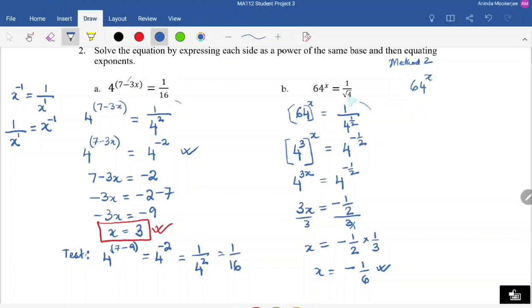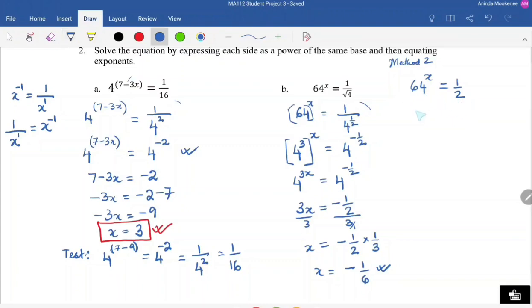Now the 1 over square root of 4 on the other side can be written as 1/2, correct? Now we can write 64 with base 2. Earlier we wrote 64 with base 4, but this time, since we have simplified 1 over square root of 4 and written it as 1/2, we have to see if we can write 64 with base 2.